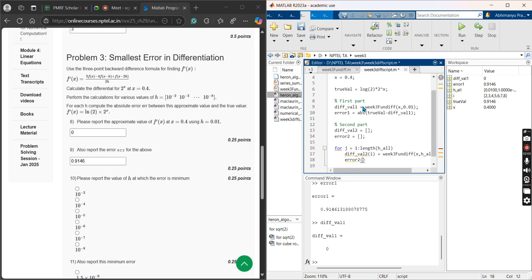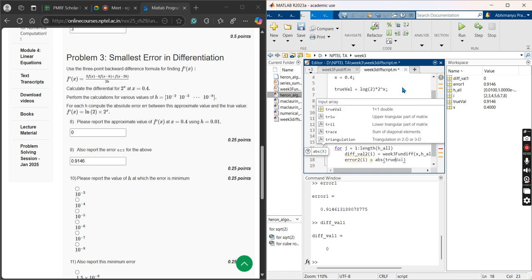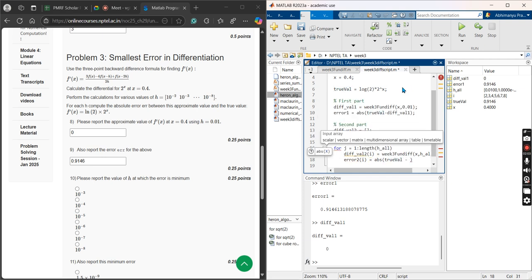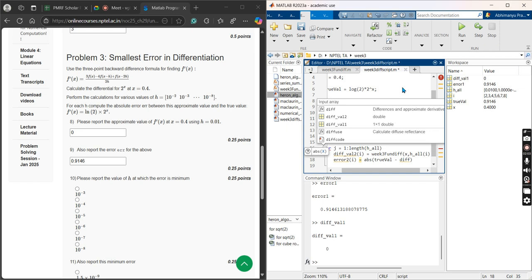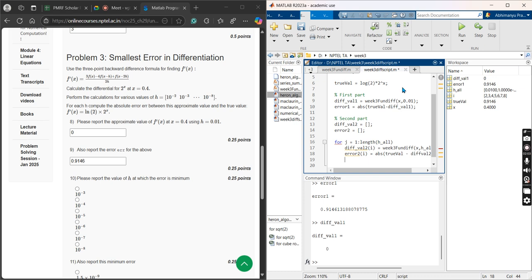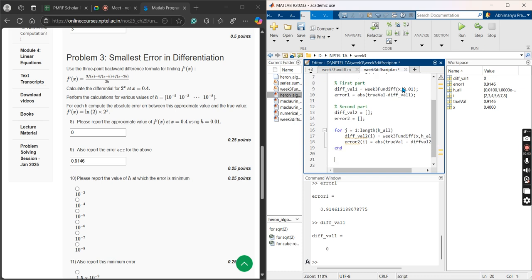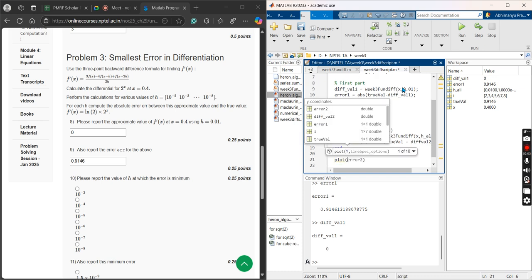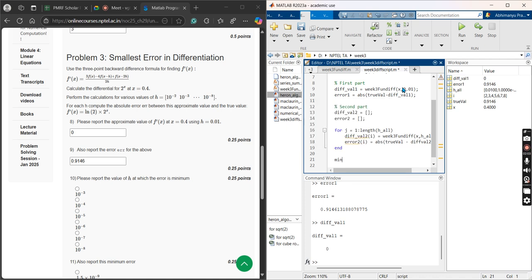Fine. Then similarly my error2 I would be the true value minus diffval2 I. And I will just plot this to simply check. We can just use the min and max also. Let us do that only.